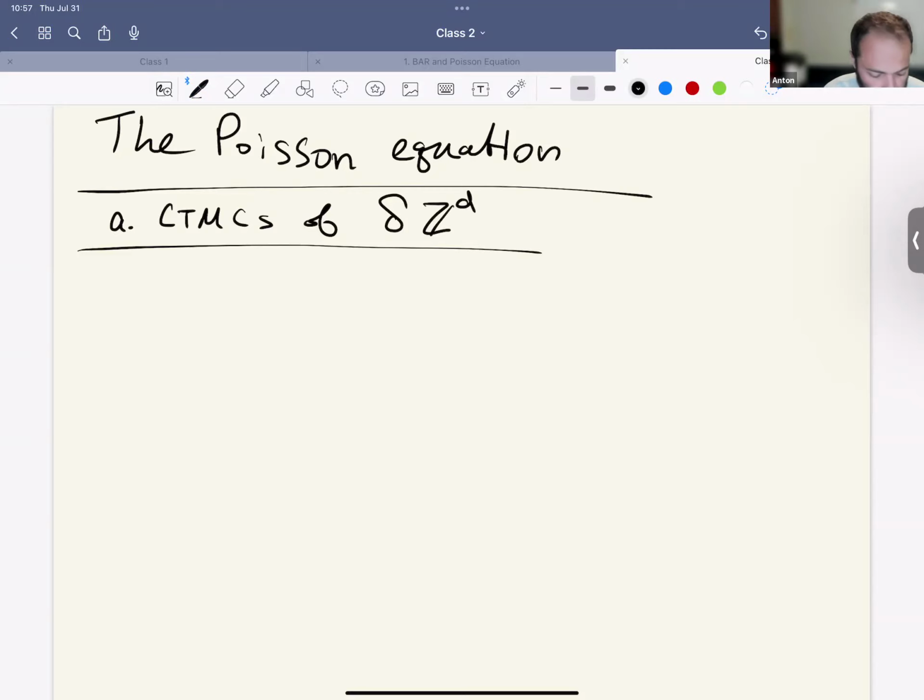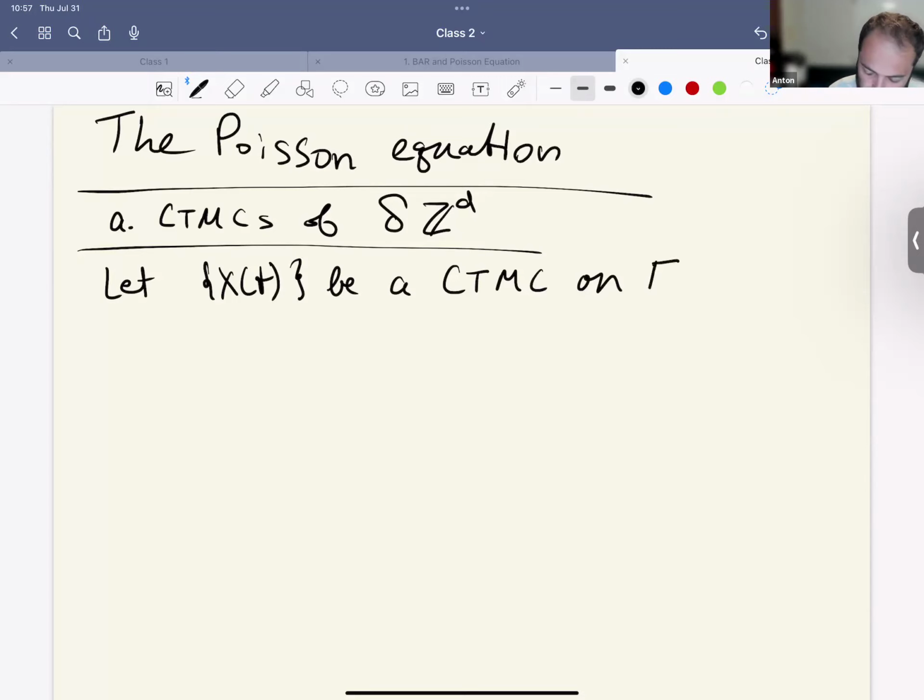So let me get right into it. Here's the setup. Let X be a continuous time Markov chain defined on some state space E, which belongs to the grid.